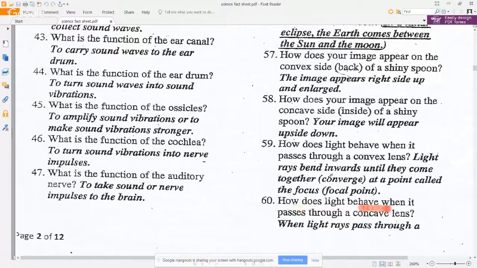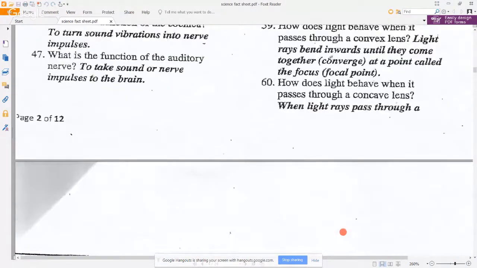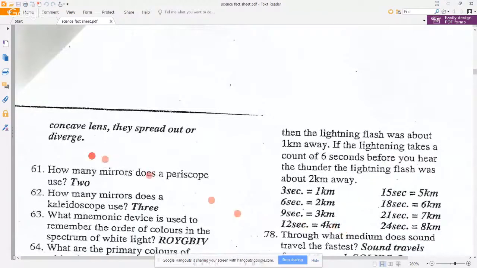How does light behave when it passes through a concave lens? When light passes through a concave lens, they spread out or diverge. Remember those two words, converge to bring together, diverge to separate, to spread out.